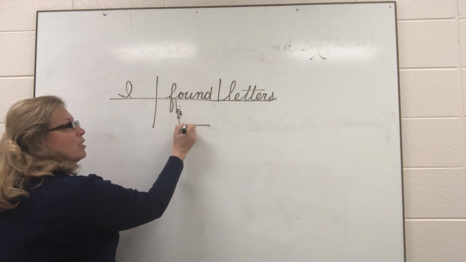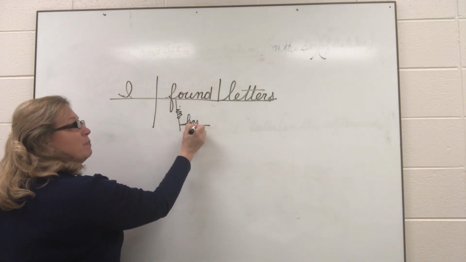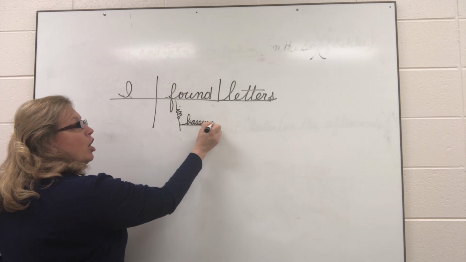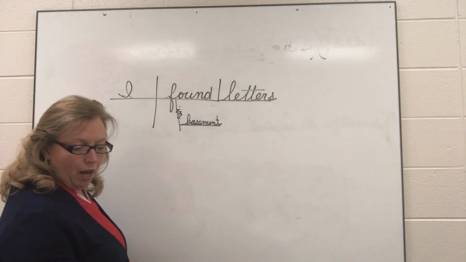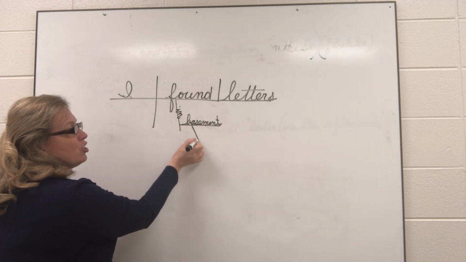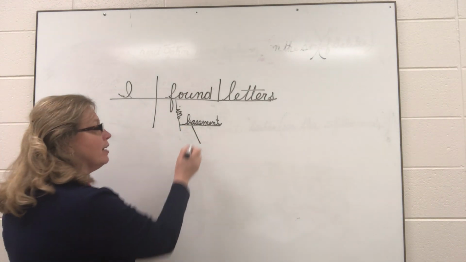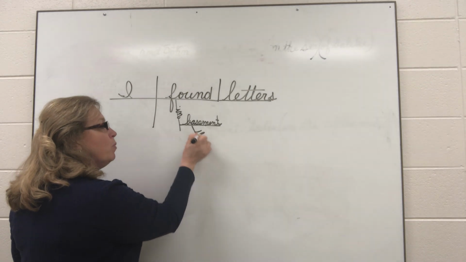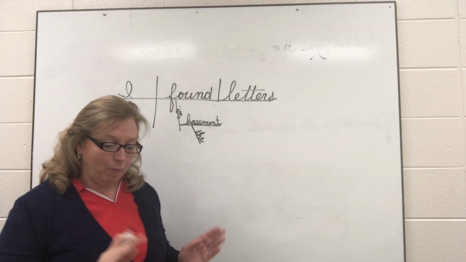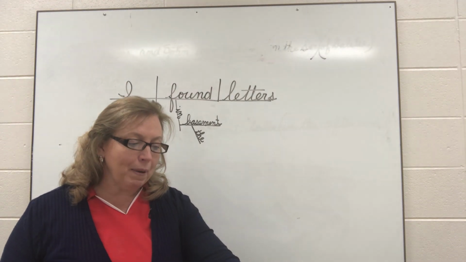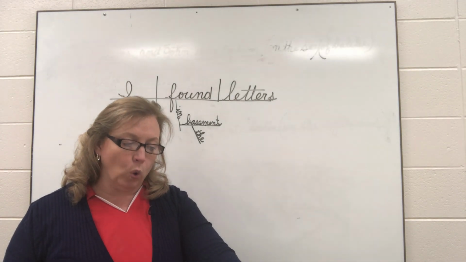In is our preposition. Basement is our object. And then we have the word the. The is an adjective. It's always an adjective, and it describes the. It tells me which basement, the basement. Okay? Now, go back to your sentence. In the basement, I found old letters.